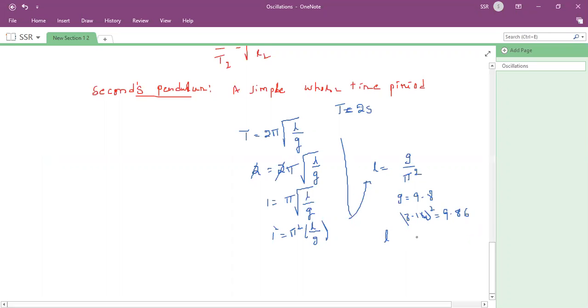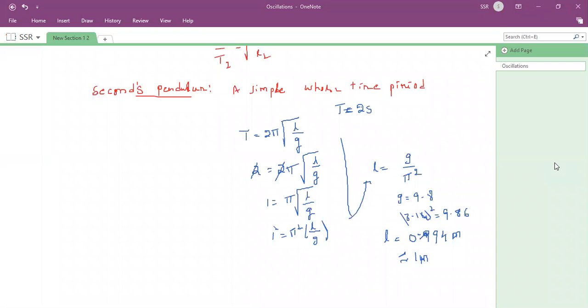L is approximately 0.994 meter, approximately equal to 1 meter. Are you clear on this? So the length of the seconds pendulum is approximately equal to 1 meter. This is the condition of a seconds pendulum you have to understand. Are you clear up to this?